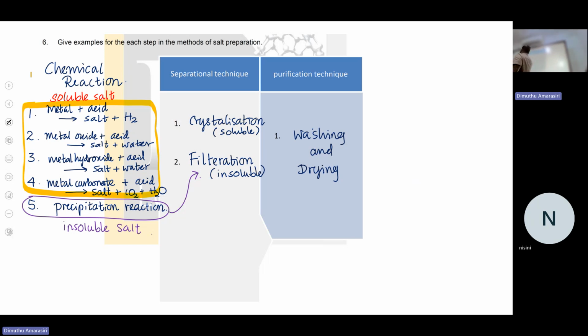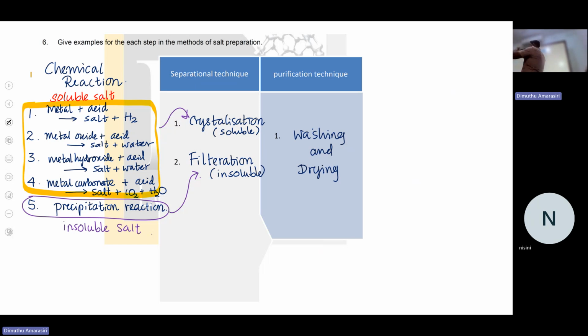But if you have prepared soluble salt, you have to do what? Crystallization. Put it into an evaporating dish, evaporate some water, get the crystals produced. However, finally, washing and drying are important.